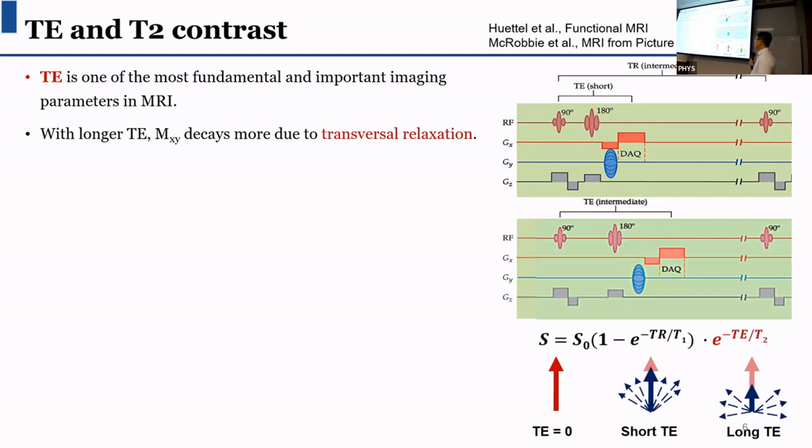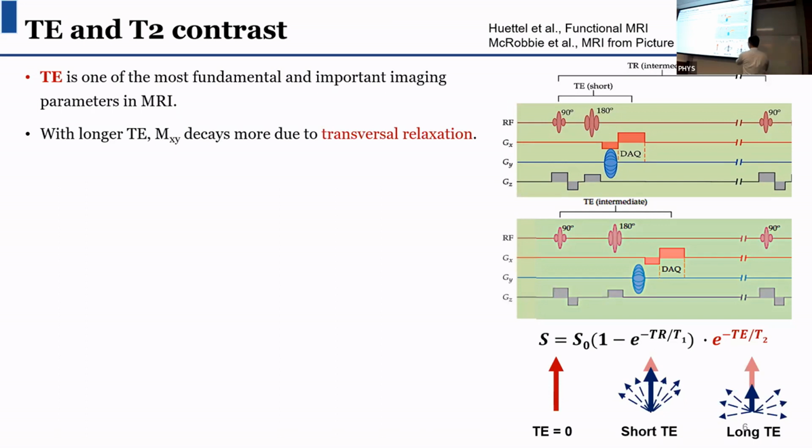So this is the signal equation of the spin echo signal. You can see the final signal you get is proportional to the proton density, S0, and this term is the T1 weighting. When you increase the TR time, this will eventually go to 1, right? But if you increase the TE time as I'm doing here, this part will get smaller and smaller.